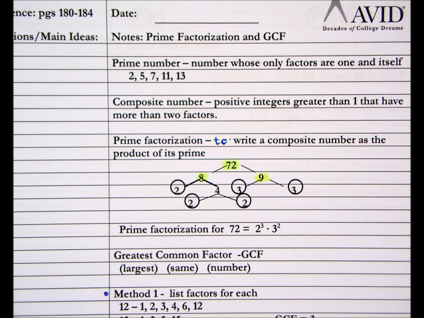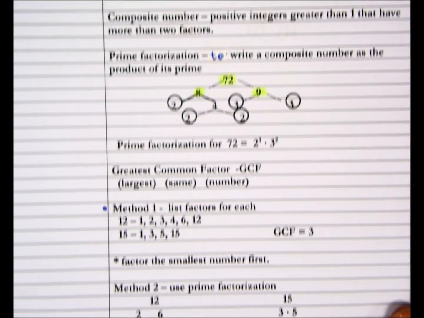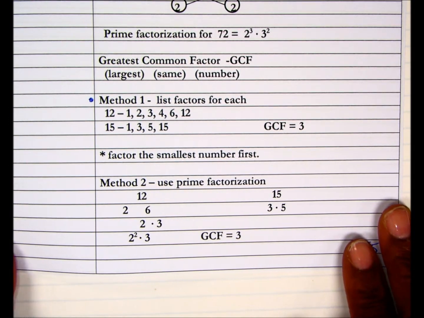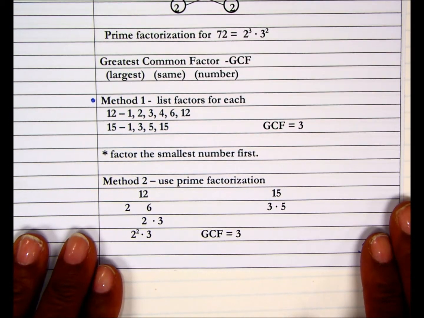So it is simply breaking each number down until it is in its prime state and putting all of those primes together. Now we use prime factorization as a way to find the greatest common factor. And if you remember the greatest common factor, you probably learned that in 6th grade too, maybe earlier when you were doing fractions.